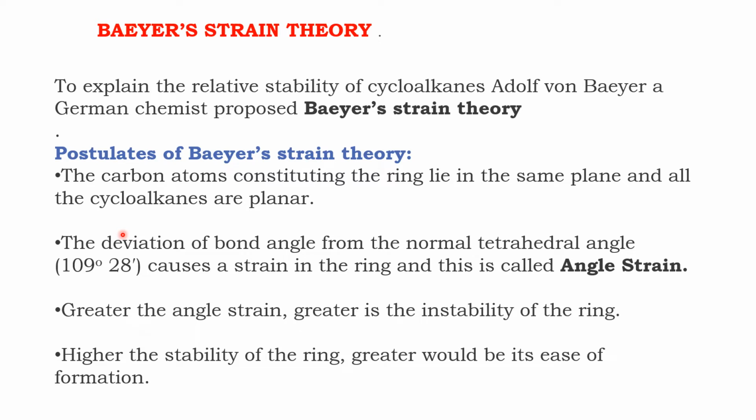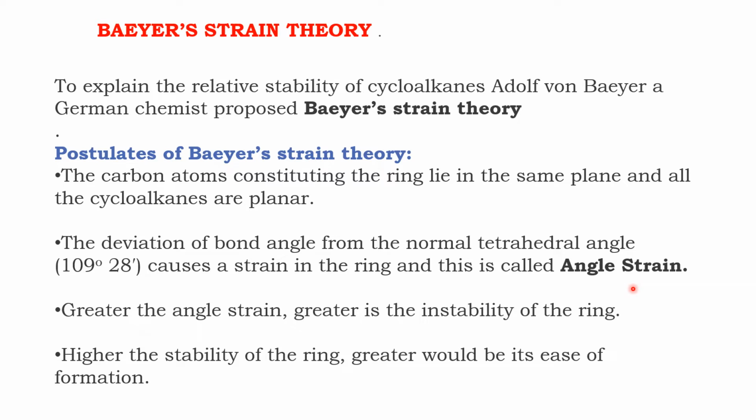The second postulate says that when a cycloalkane deviates from the tetrahedral bond angle of 109 degree 28 minutes, it causes a strain to the cycloalkane, and that strain is designated as angle strain.